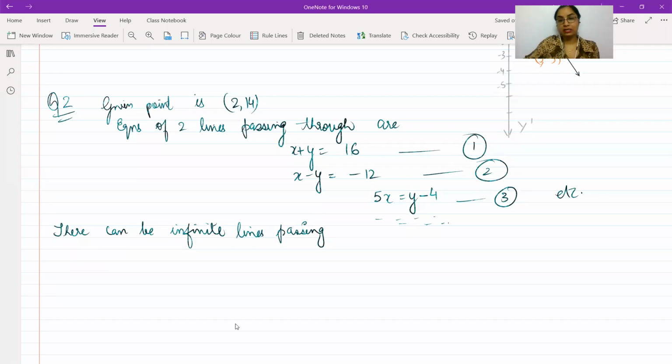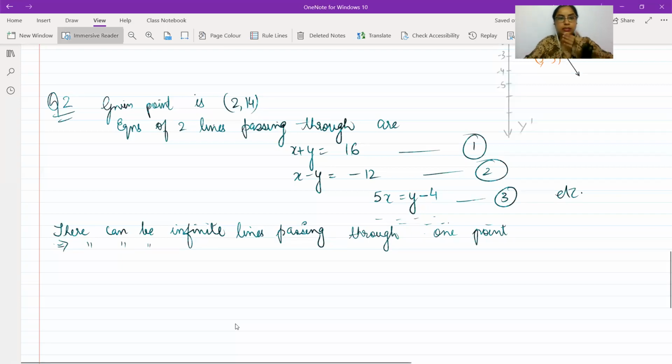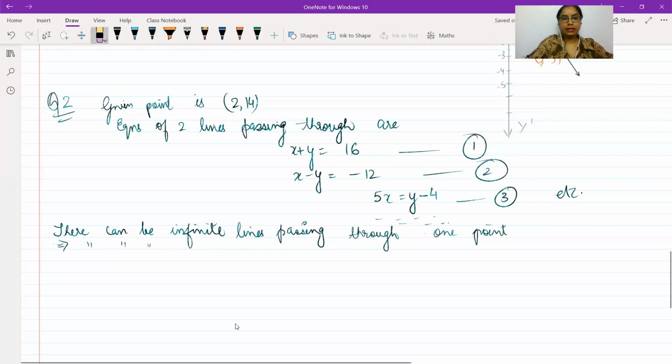There's a unique line which passes through 2 given points. That's it. I think this explains why we will have infinitely many lines. This covers everything, whatever we are trying to say here.